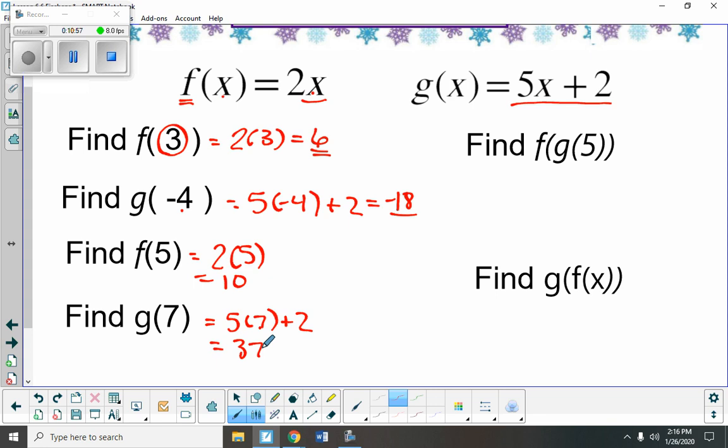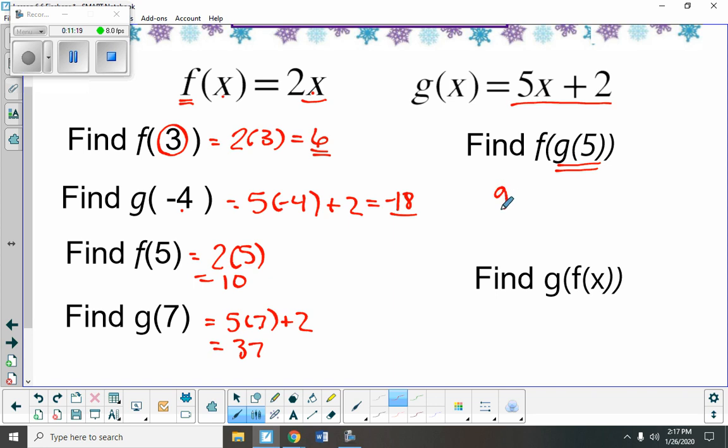All right, these next examples are function composition. This is saying f of g of 5, which is saying find the f function's value when the input is what the g function's value is when x is 5. So what you first have to do is find the value of the g function when x is 5.